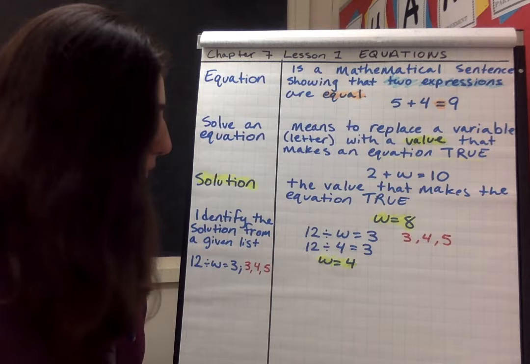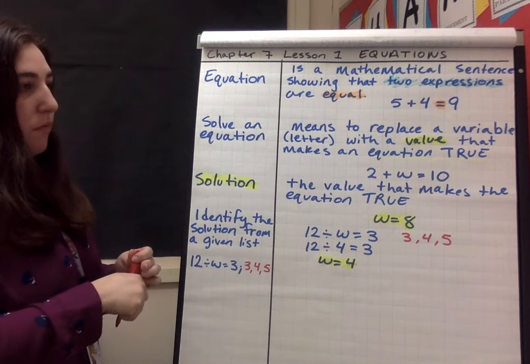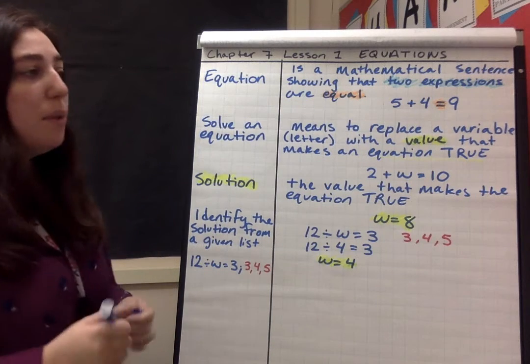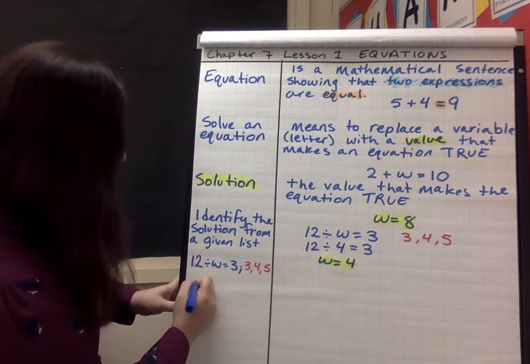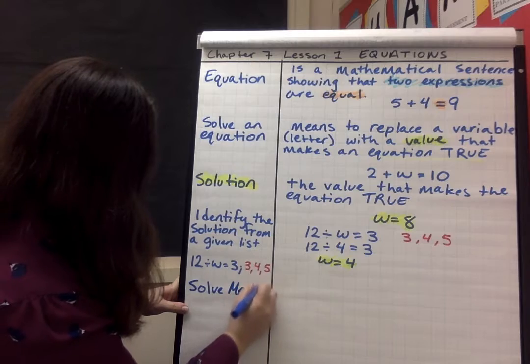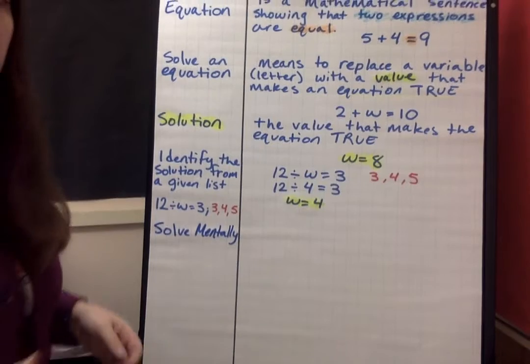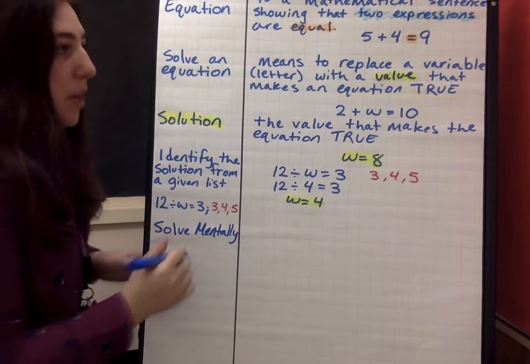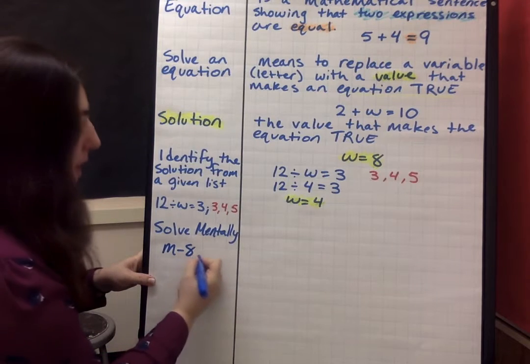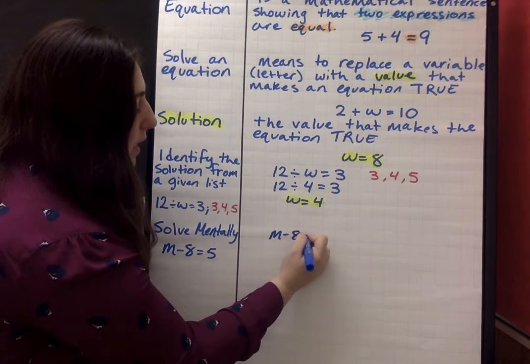All right, let's try another example. In this example, we are going to be solving mentally. So here is our equation, m minus 8 equals 5. I'm going to rewrite that over here, m minus 8 equals 5.